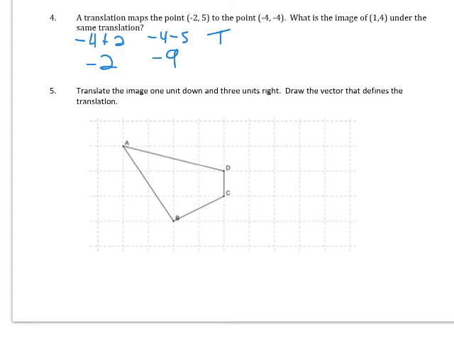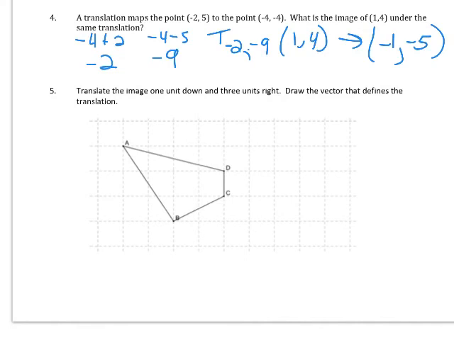My rule is -2, -9. Now I'm going to apply that rule to the image 1, 4. So once I do that, I end up with an answer of 1 minus 2 is -1, 4 minus 9 is -5. So that's how you find the rule and apply it to a new point.